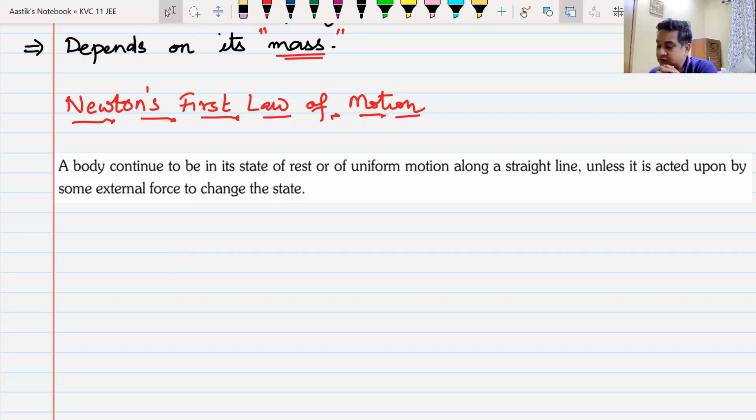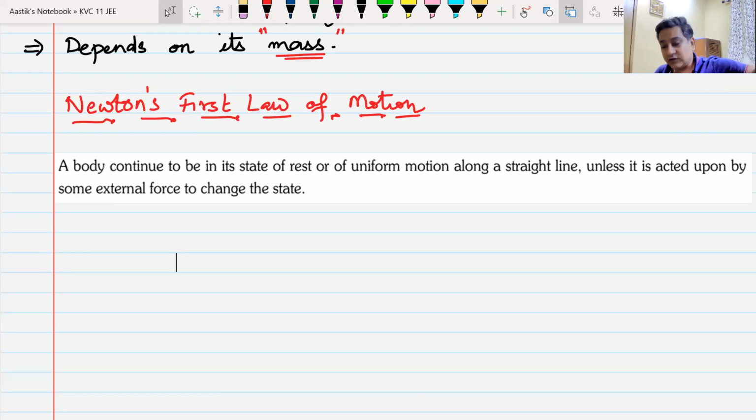A body will continue in its state of rest or state of motion unless it is acted upon by some external force. A body at rest remains at rest. A body in motion continues to move in that uniform motion unless disturbed by any force.